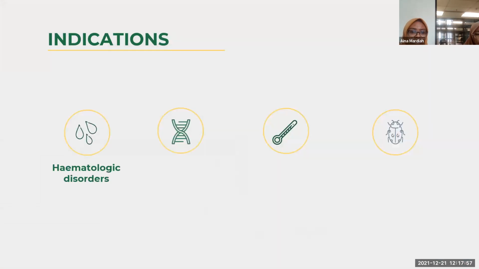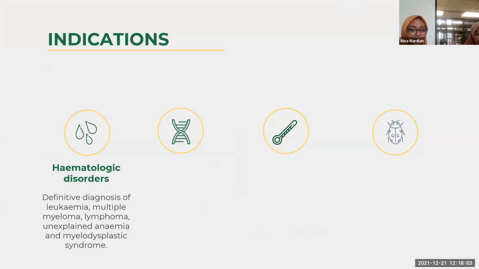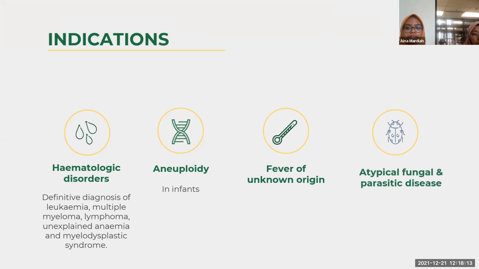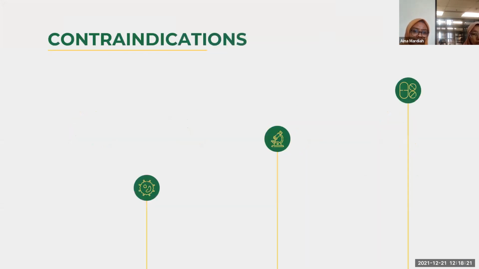The indications are to diagnose hematologic disorders like leukemia, multiple myeloma, lymphoma, unexplained anemia, and myelodysplastic syndrome, as well as aneuploidy in infants and fever of unknown origin. And lastly, for atypical fungal and parasitic diseases like histoplasmosis, leishmaniasis, cryptococcus, and also Q fever.